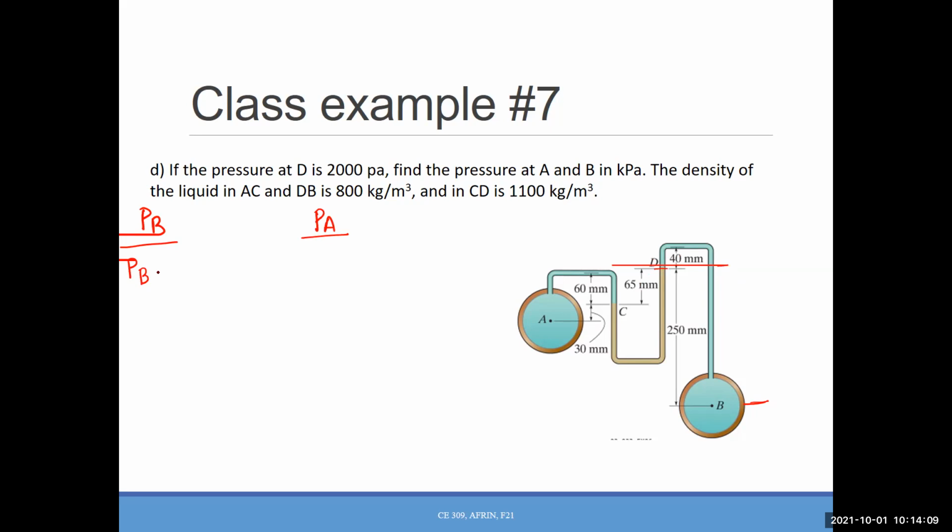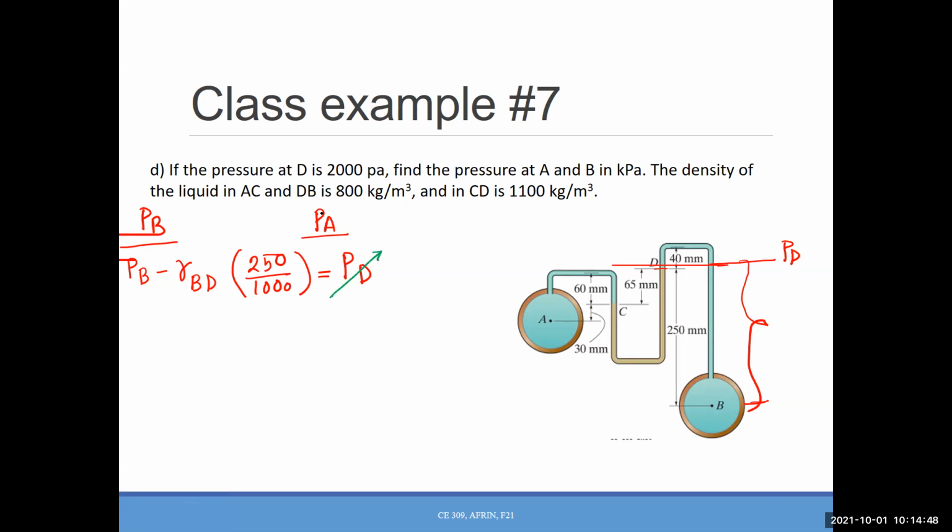Above, so we need to subtract the pressure for this amount of fluid, right? Which is gamma BD, and what is the distance? 250 over 1000. Now, once we are here, do we know the pressure at this point? That is actually PD, right? Okay. Now let's write down what values we already know and then do the calculation.